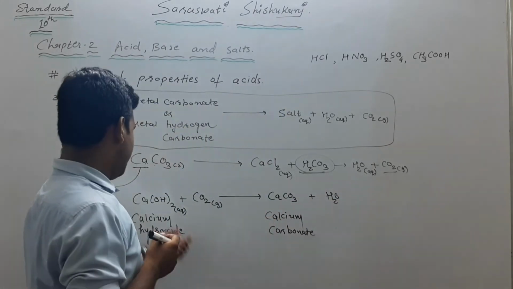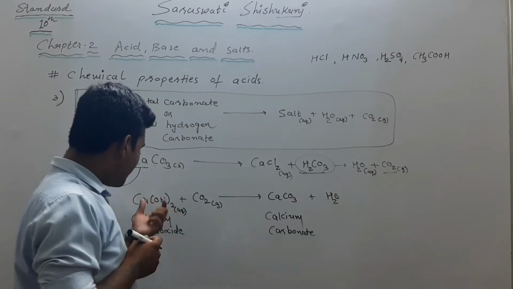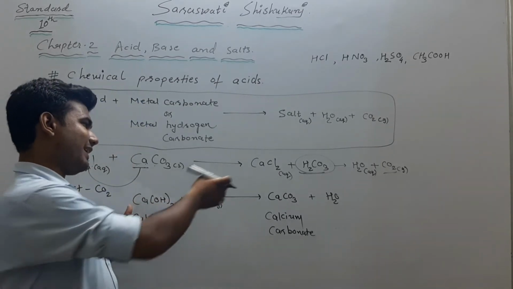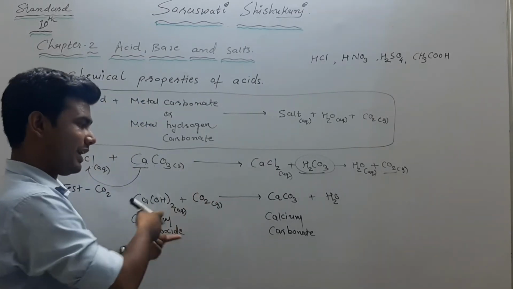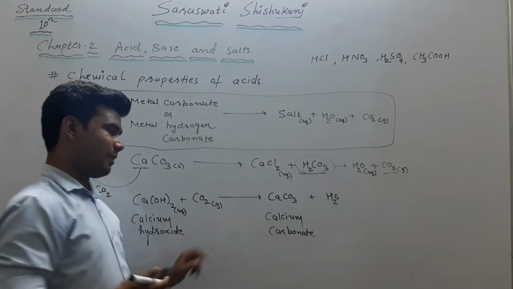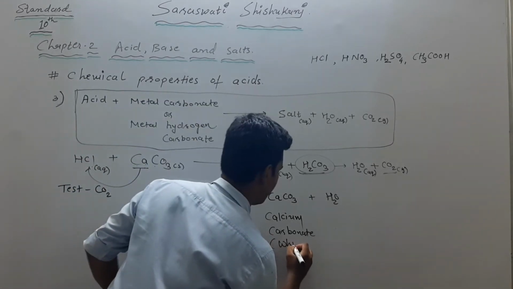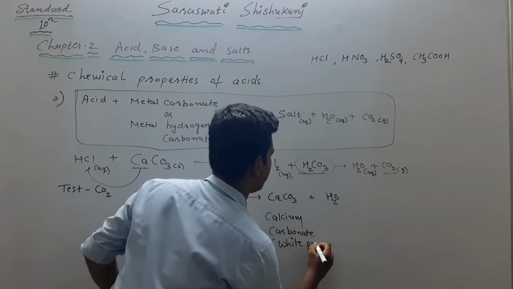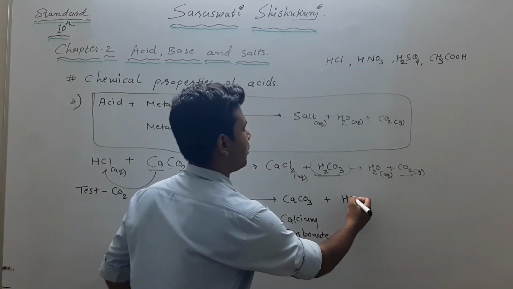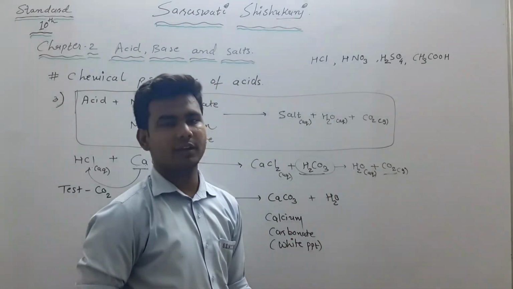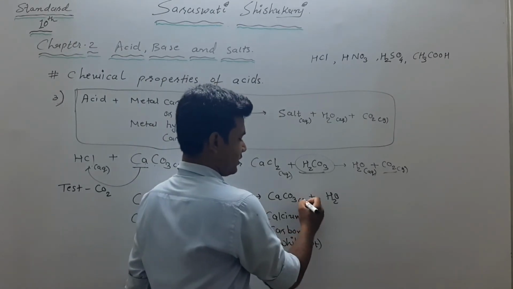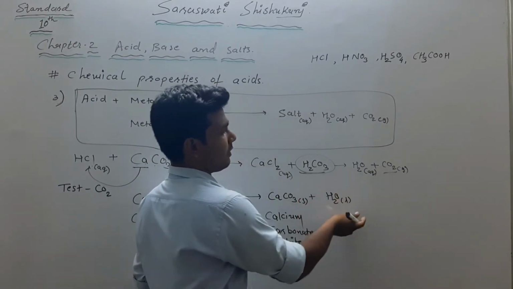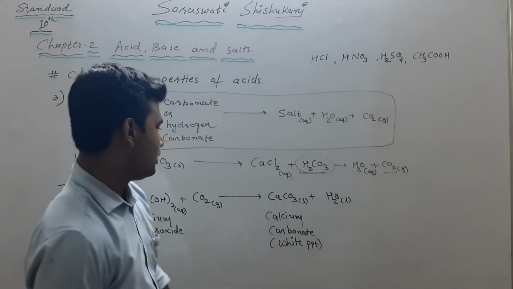So this way, when carbon dioxide gas is passed through Ca(OH)2, calcium hydroxide, it will give us calcium carbonate, which will be a white precipitate, and water, with calcium carbonate in solid form and water in liquid or aqueous form.